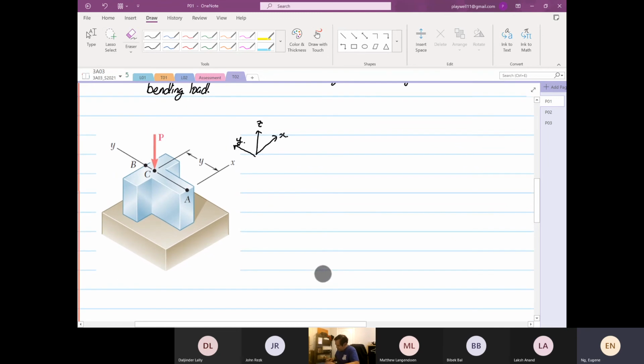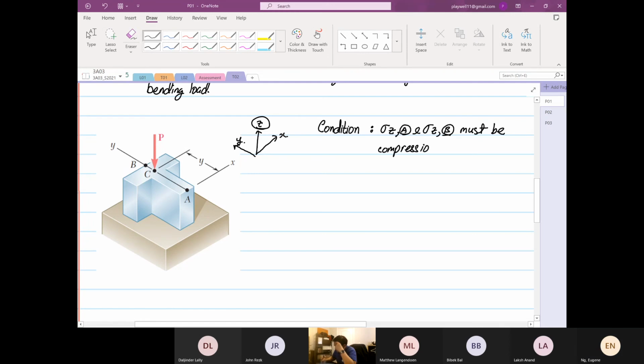The question gives us a condition: the stress in Z at point A and the stress in Z at point B must be compression only. You know why Z, because we're calculating in the Z direction.